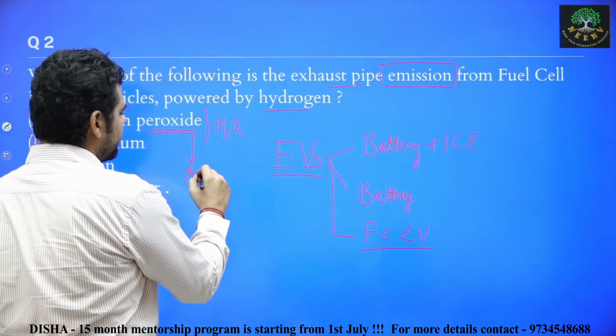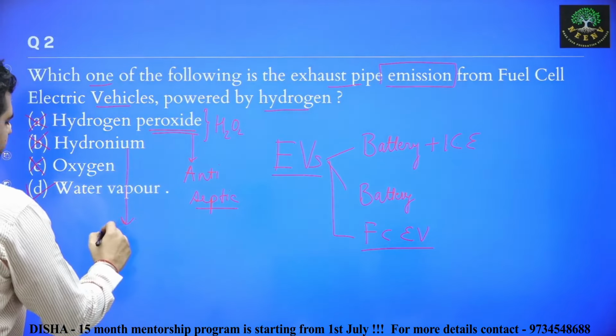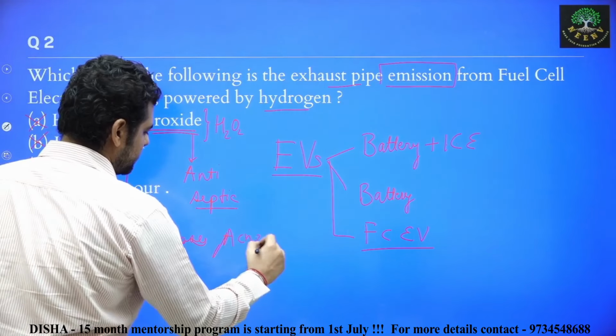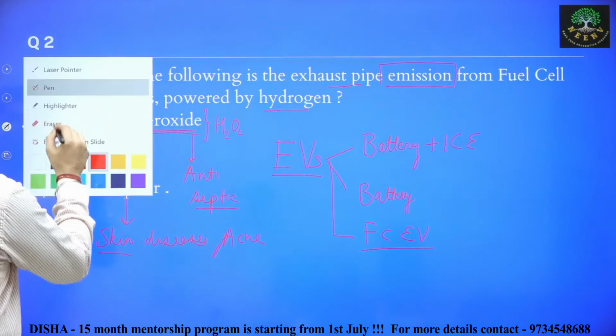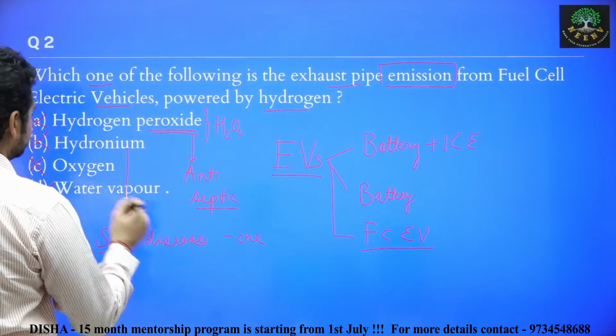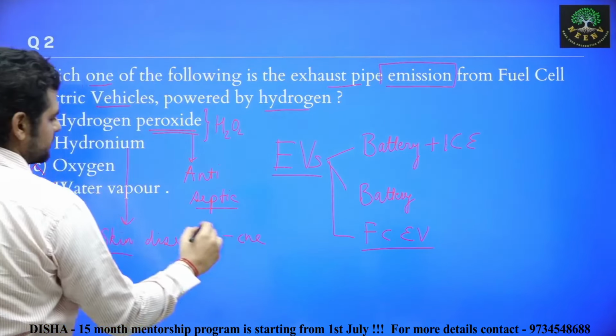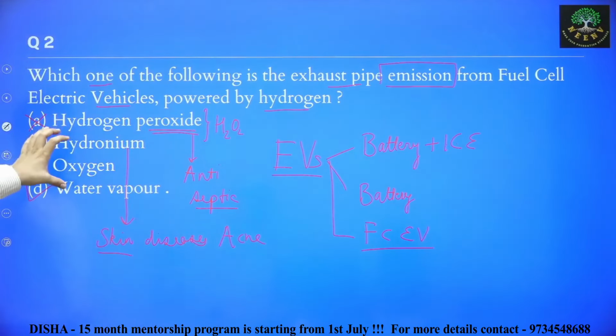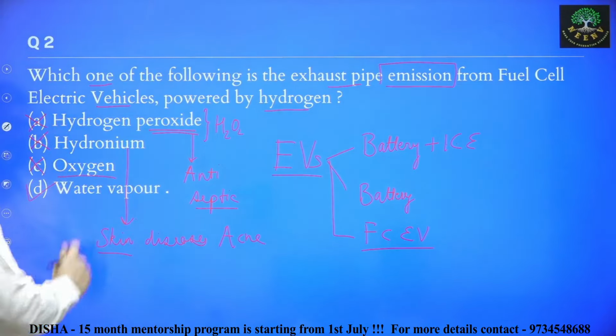Hydronium is used in skin diseases like acne. This is how we can eliminate. If you knew one, you can eliminate hydrogen peroxide. I think safely you can eliminate oxygen, right?